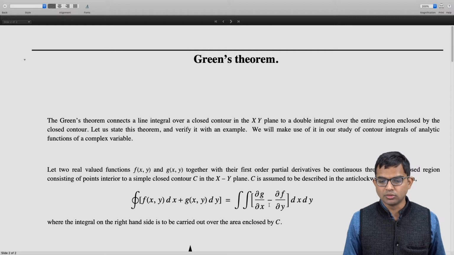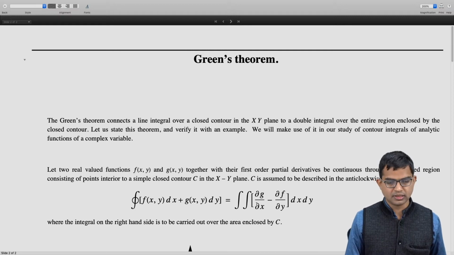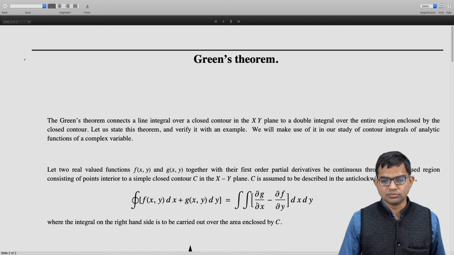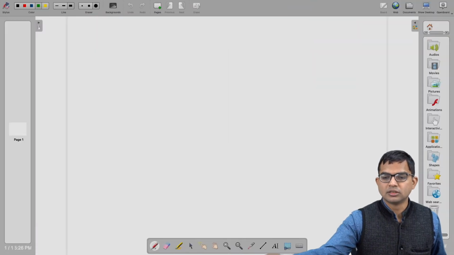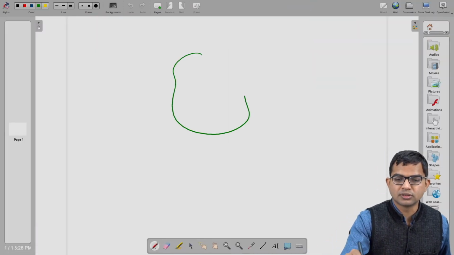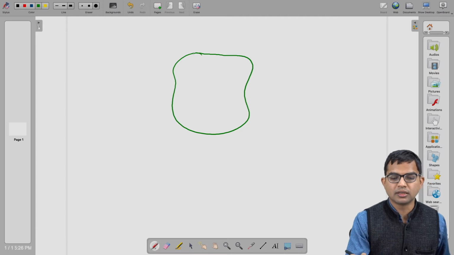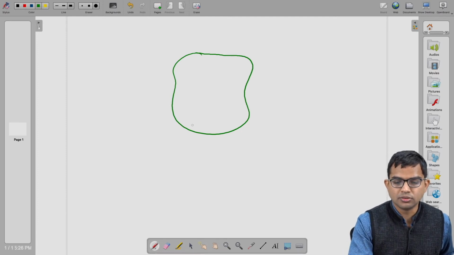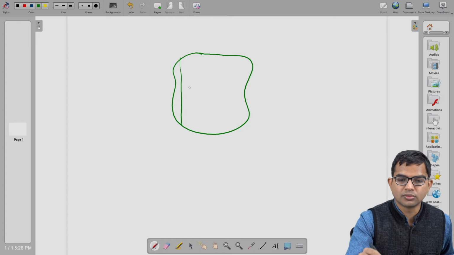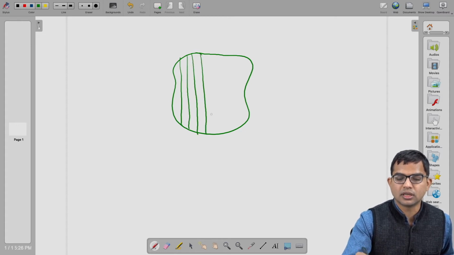Now, one way to argue for this is to consider, suppose you have some surface in the 2D plane, and you break it up into lots of tiny regions.